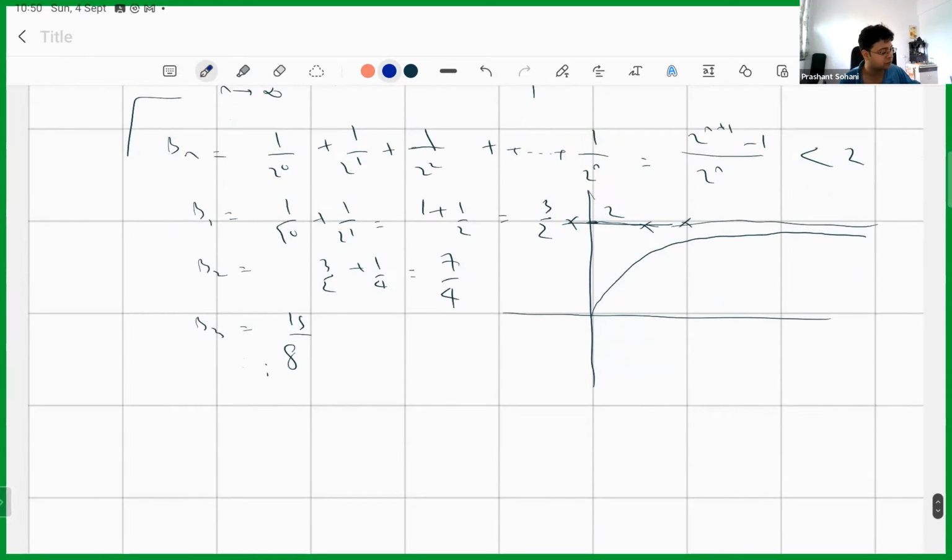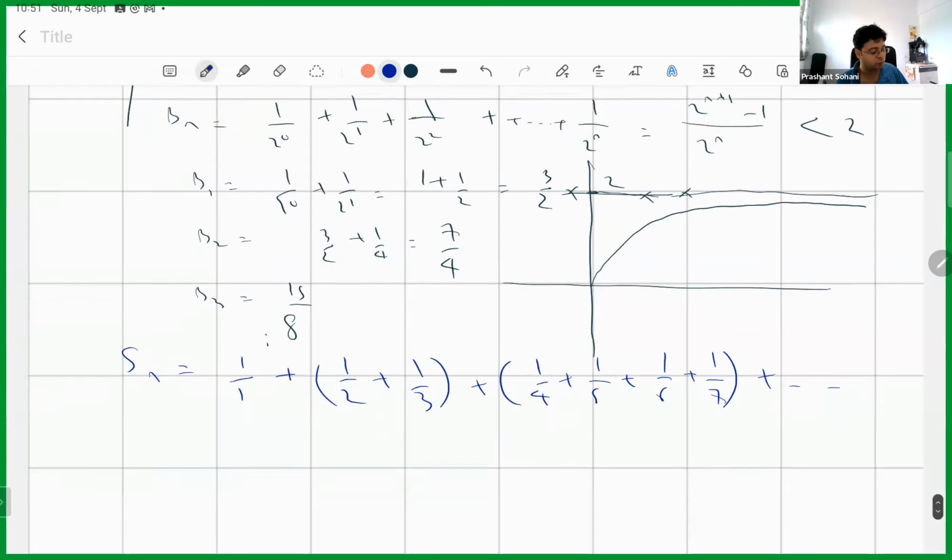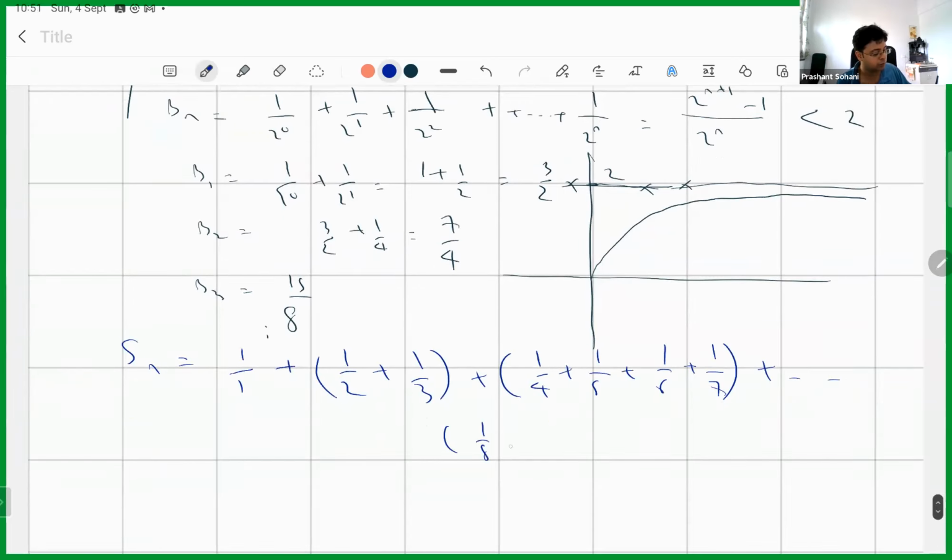If you consider the terms, I can split Sn as groups of powers of 2. So 1 upon 1 plus 1 upon 2 plus 1 upon 3. Okay, so what happens if I group it this way? Every power of 2, so the next group will be 1 upon 8 to 1 upon 15.